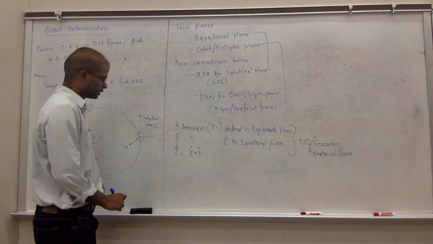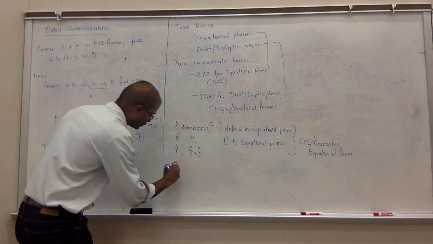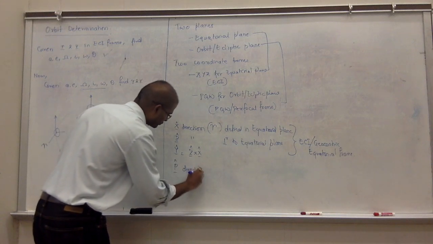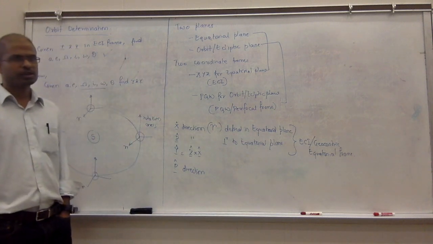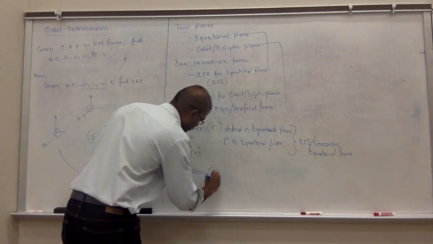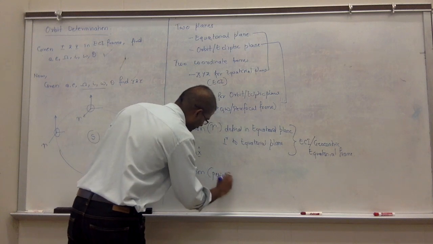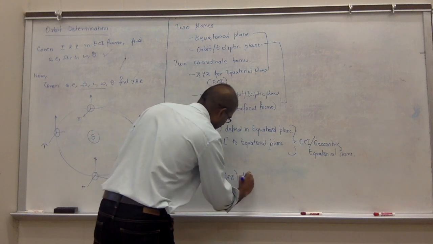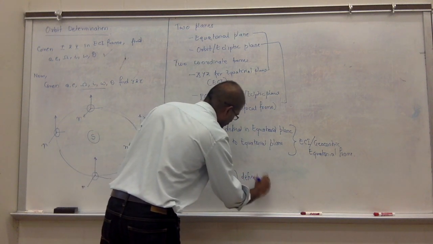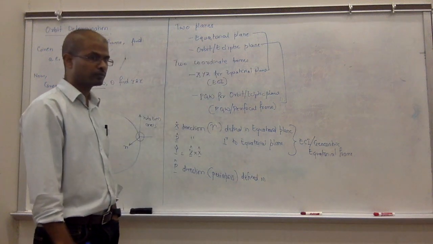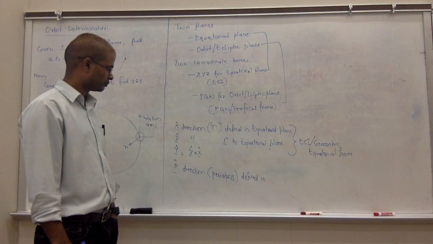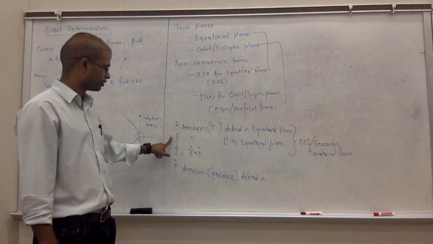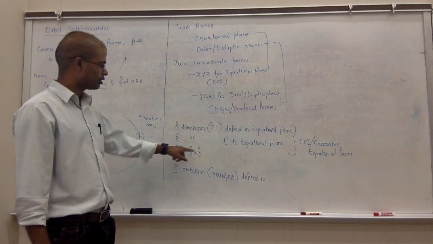Now, how about PQW? What is the P direction? The P direction is the periaxis direction. Periaxis, or peri. Always. What was the explanation behind y equals z cross x? It completes. If you know the x direction and z direction, y will be z cross x.